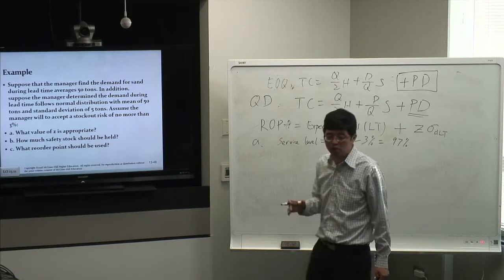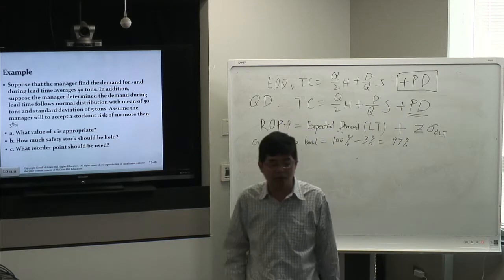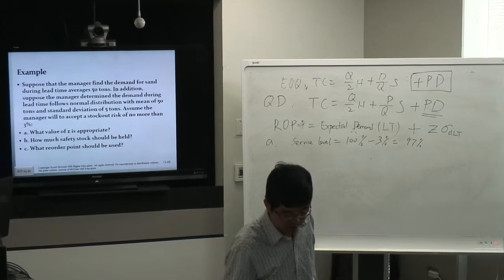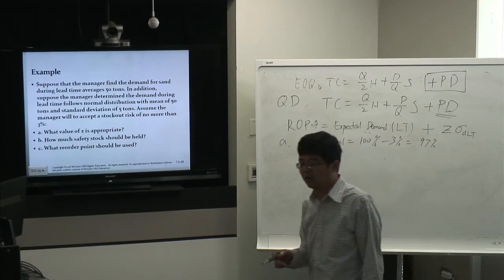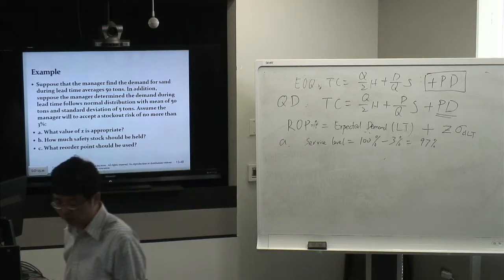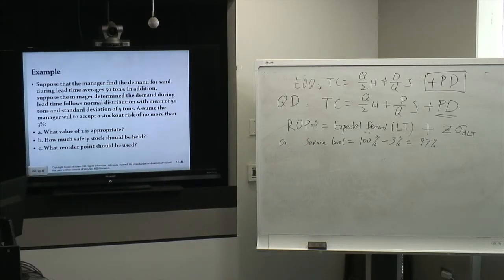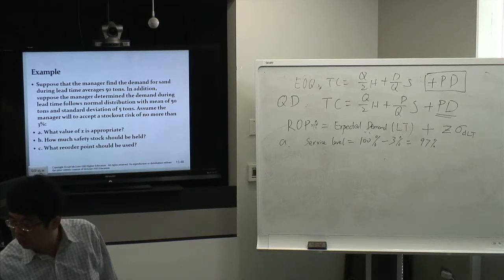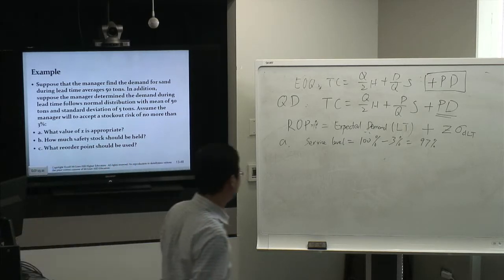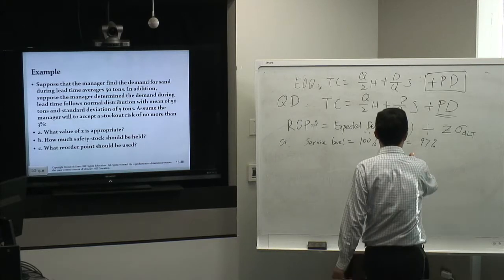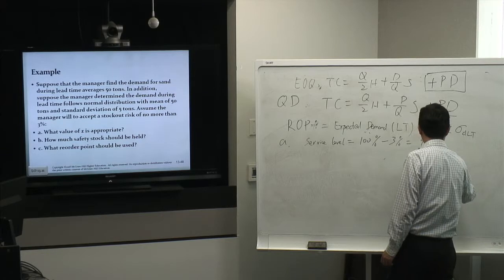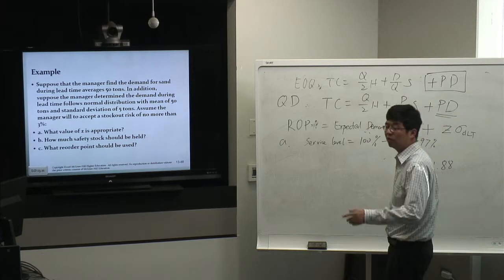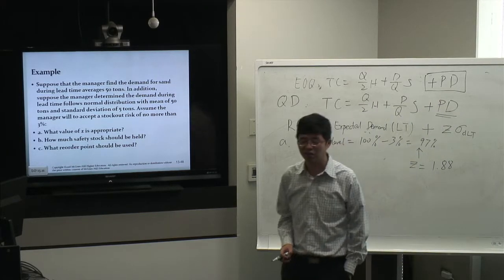Then, by using the table in our appendix, appendix B or C, you should be able to find that. Joseph, have you found that? What is the Z value for 97%? 1.88. So the Z value corresponding to this service level is 1.88. Is that right? 1.88.